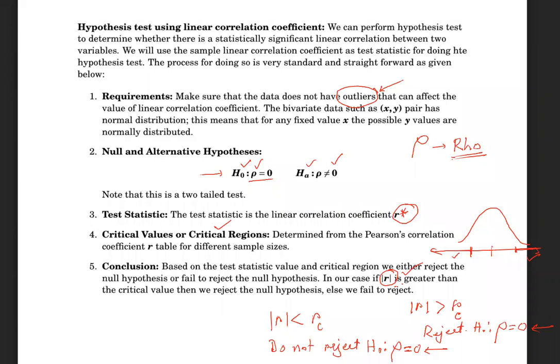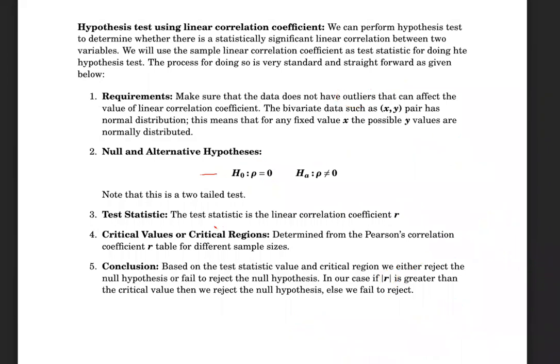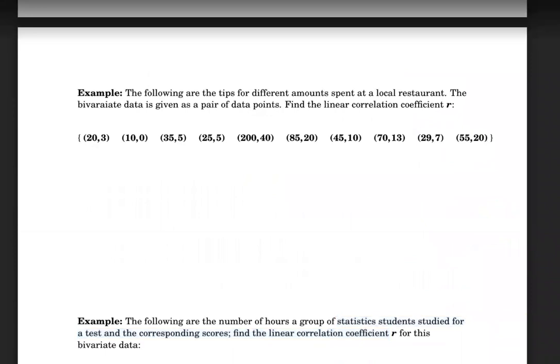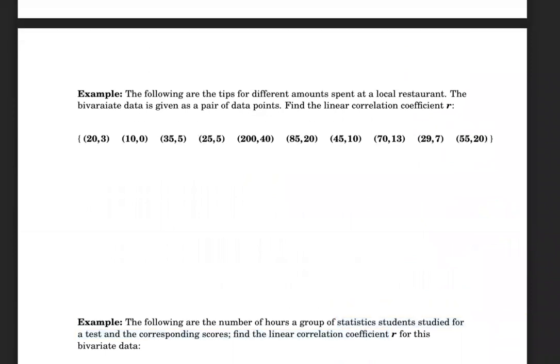Could 240 be considered an outlier? No. See, what we are comparing is the restaurant tip, I think. Okay, so look at this data point. It's an outlier in the sense that it's a big amount, but it's consistent with the other data points. If somebody spent $200 and gave $2,000 in tips, then that might be considered an outlier.